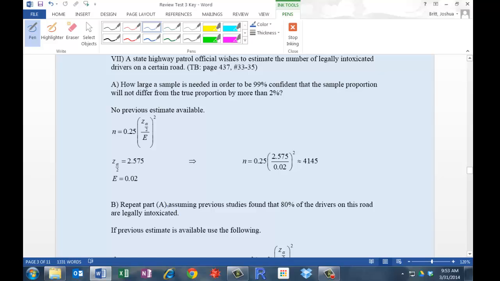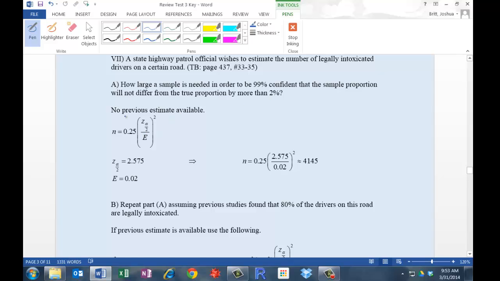Sample size question. A state highway patrol officer wishes to estimate the number of legally intoxicated drivers on a certain road. How large should the sample be in order to be 99% confident the estimate will not be different from the true proportion of drunk drivers on a certain road by more than 2%?